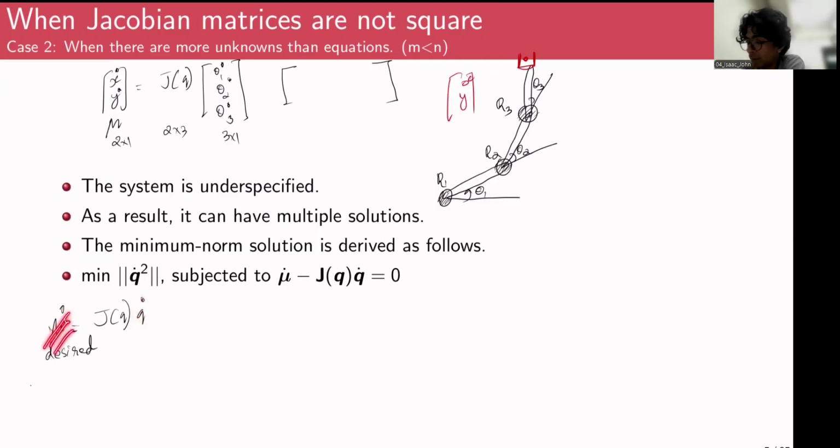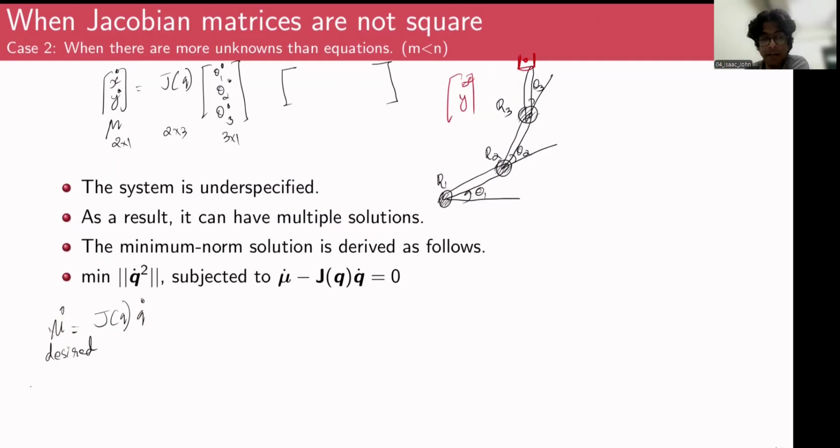Essentially, this minimum norm solution corresponds to a solution where the norm of q dot is minimum. If you have a vector q dot, the square of its norm is defined as q1 dot square plus q2 dot square plus q3 dot square.